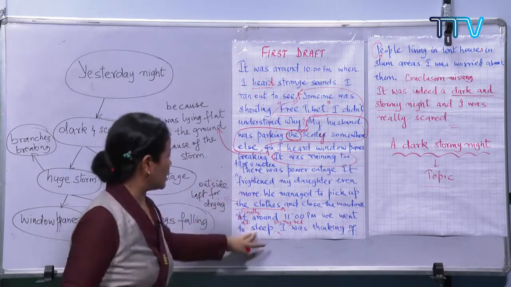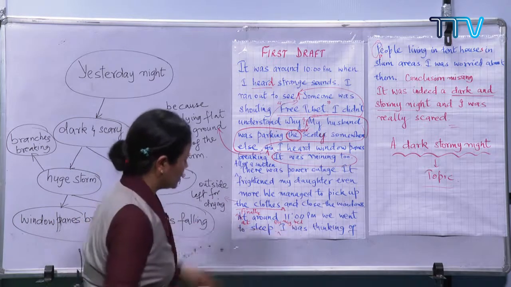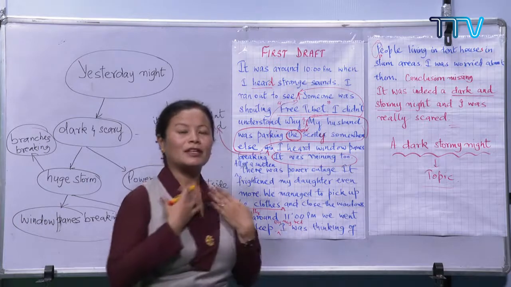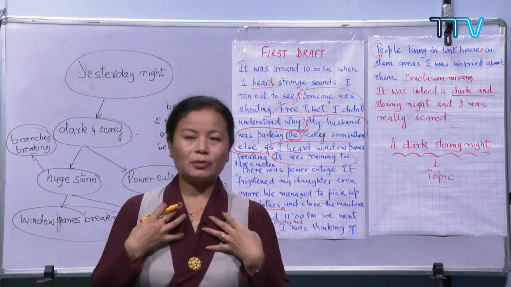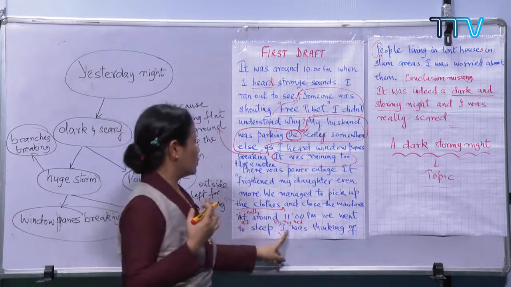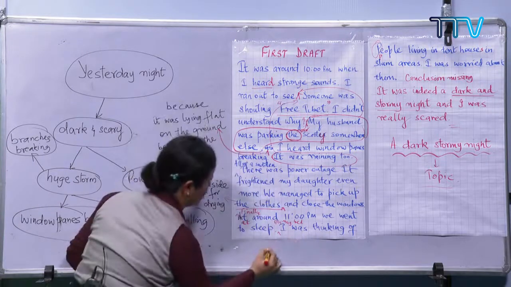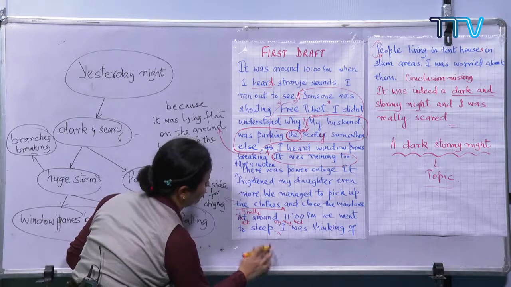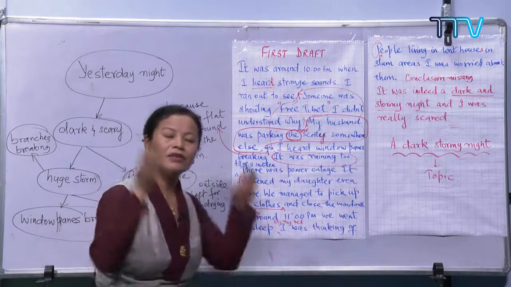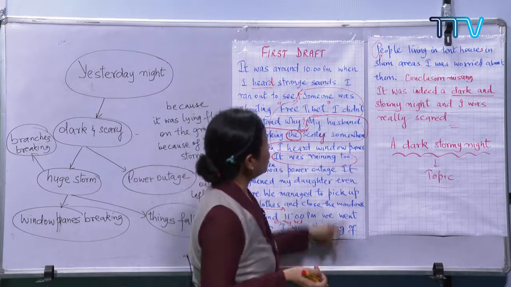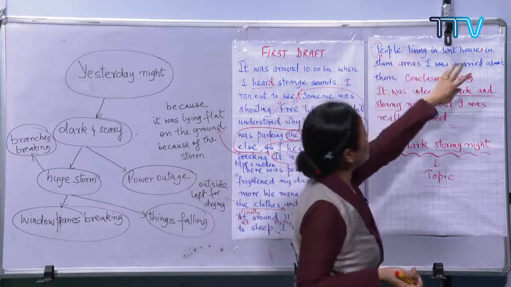Okay, fixing them, sorry. On my bed, I was, here I can use capital because the I that stands for you, right, the personal. So we have to write it in capital. Okay. Some students write I in this way, which is wrong. We have to capitalize I even if it's in the middle of a sentence. Okay. On my bed, I was thinking of people, we did this, living in tent houses in slum areas.